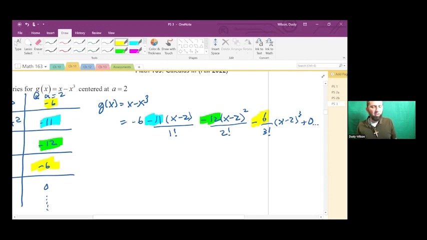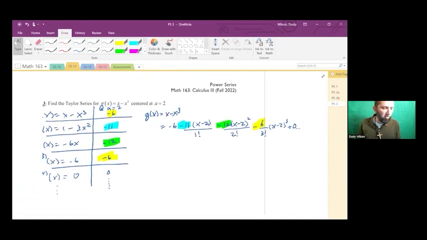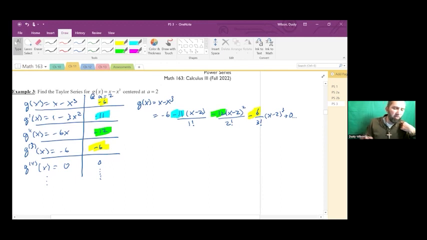So here we have a second representation, a second Taylor series for g of x.